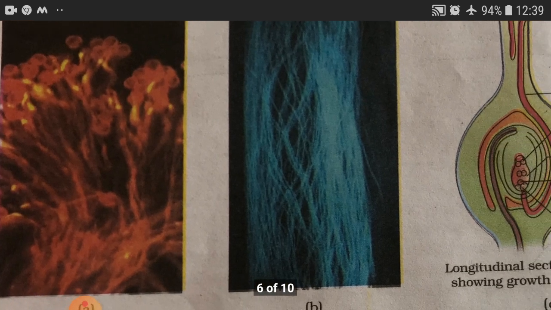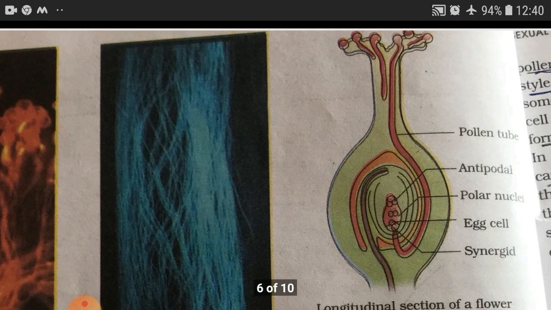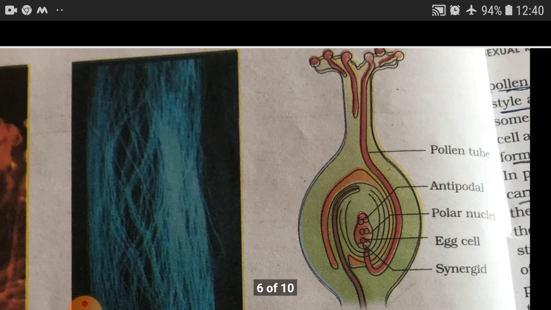The next diagram shows the pollen tubes growing through the style. These are elongated pollen tubes going through inside the style. And in the next diagram you can see that the pollen tube which grows fastest is entering from the micropylar region for fertilization. Okay, is this clear?